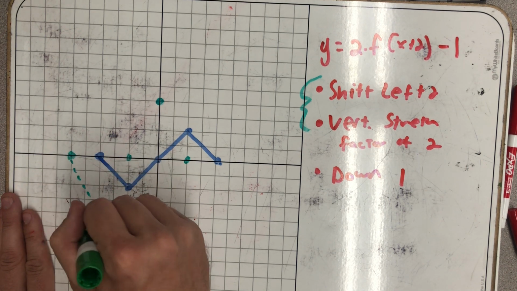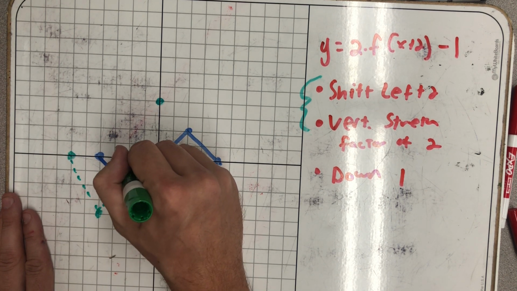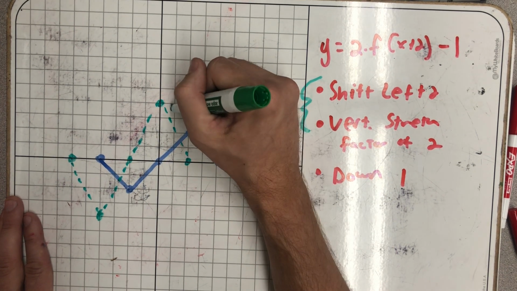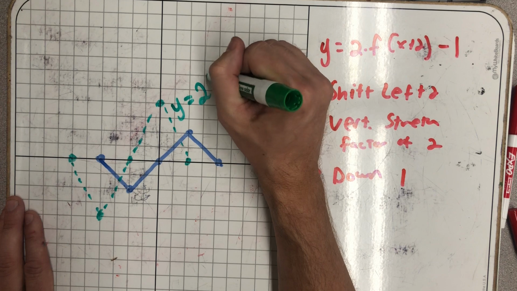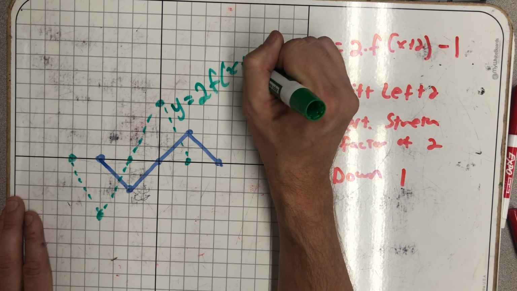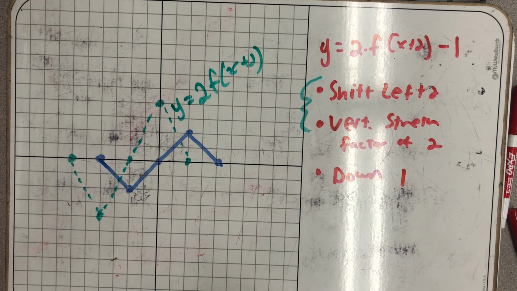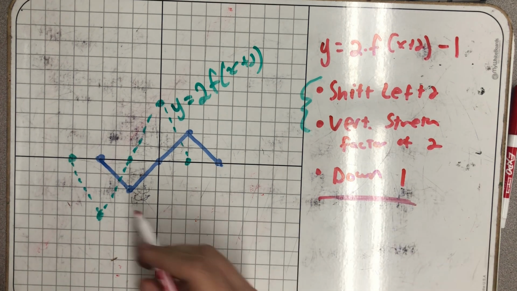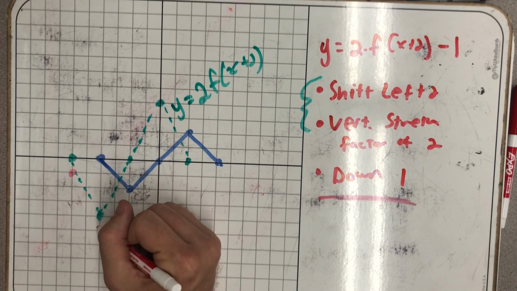Connect the dots. And since this is a middle step, I'm just going to dash it in. And to make sure everyone who's reading it knows that I'm not quite done yet, I'm going to write in, that's just the 2 times f of x plus 2 part. That I haven't done the minus 1 yet. And that's this part, right? So now I'm going to move all of these points down 1 unit.